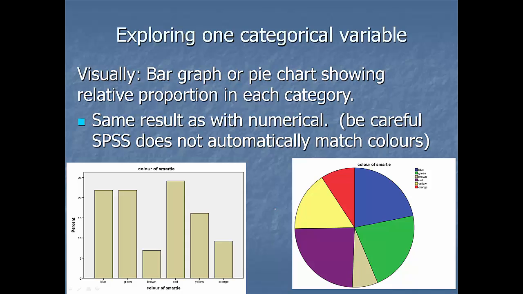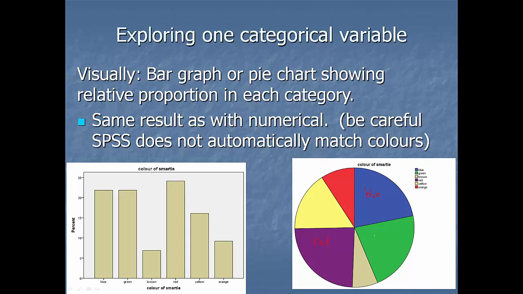Visually, we'll see the same kind of thing. These bars, blue, green, and red, have a lot more of them. Brown and orange, definitely a lot fewer of them. And in this graph here, this is red. Blue is actually blue.